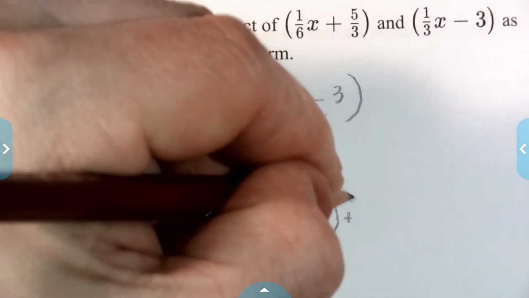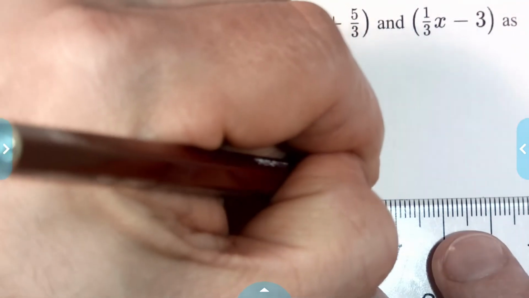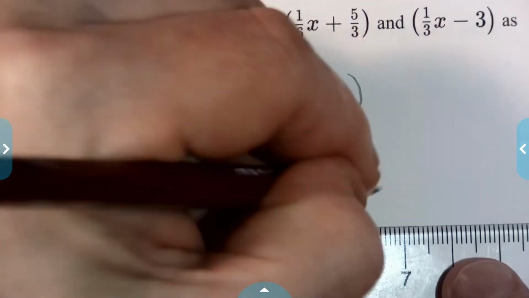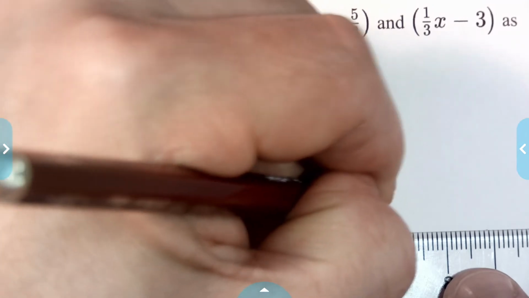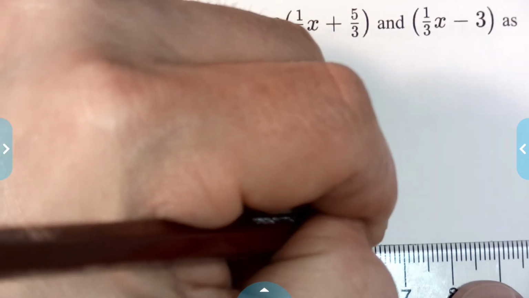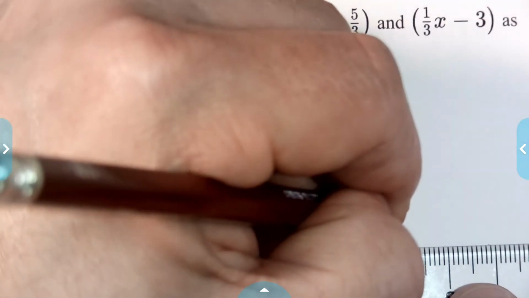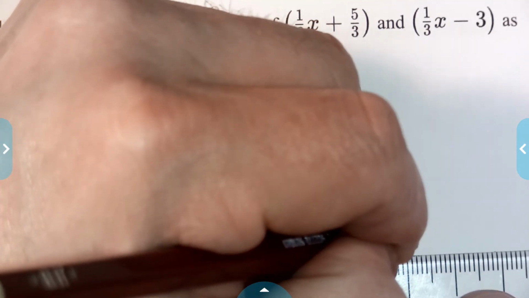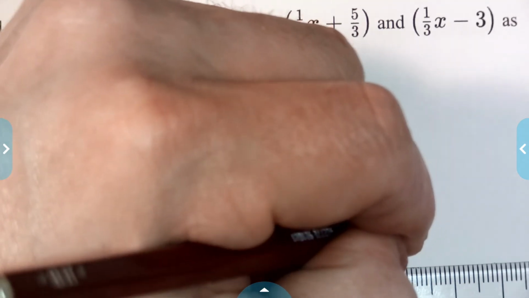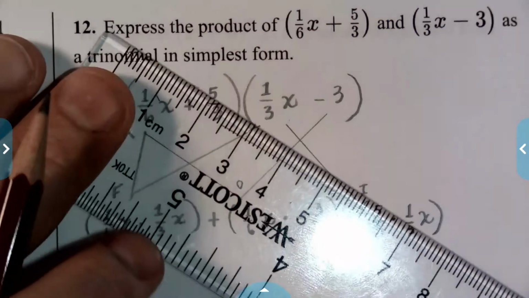Okay. We have the I for inner. And then here's our parentheses. That's going to be 5/3 times 1/3 x. And finally, last times last.